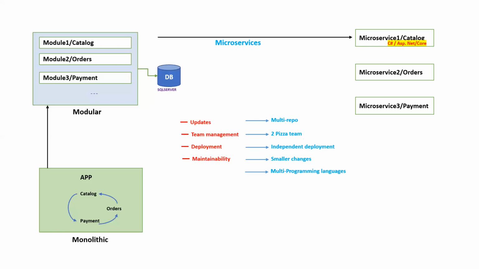Let us say microservice one is developed in C Sharp and .NET Core, Service 2 is in Java Spring Boot, and Service 3 is in Python Flask. Like that, I can choose different languages for different microservices.